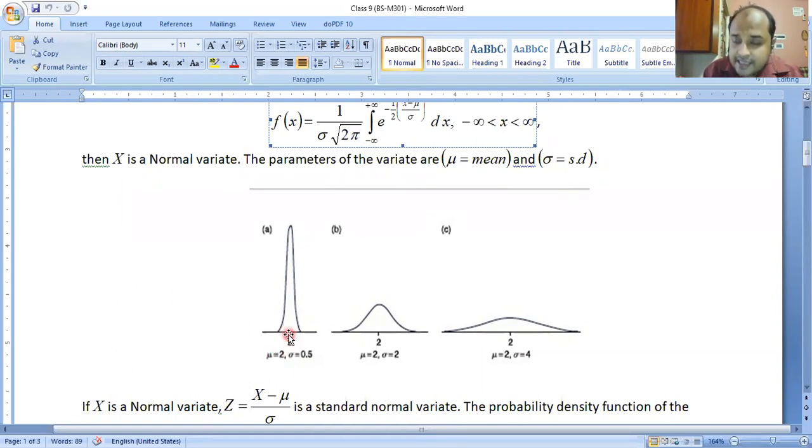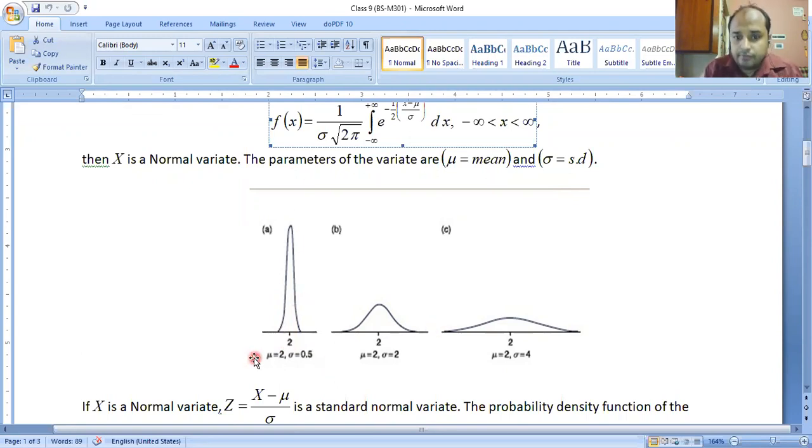Since its median is 2, the median divides the entire area into two equal halves. If I draw a vertical line over here, the left-hand side will cover 50% of the area and the right-hand side will cover 50% of the area, and this is true for all three curves. And mu equals 2 is the mode because the highest frequency appears corresponding to mu equals 2.